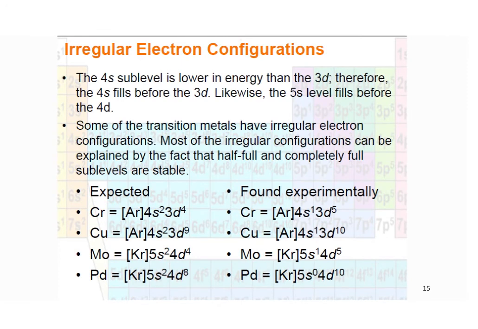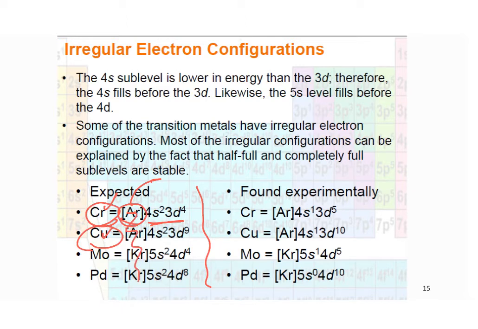Chromium, the chromium group. If you look in your periodic table, chromium is in the transition metals, and the metals beneath it, and then copper and the elements beneath it in the periodic table. They're both transition metals. If you were to go by the number of electrons each of these elements has, and you wrote out the expected electron configuration, we haven't talked about the noble gas condensed configuration, but that's fine.